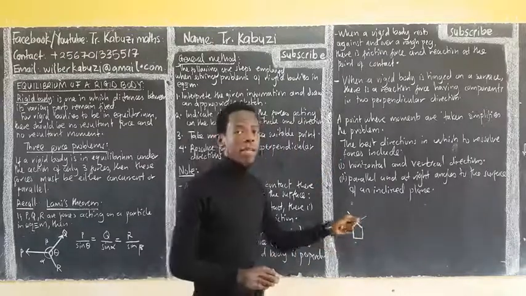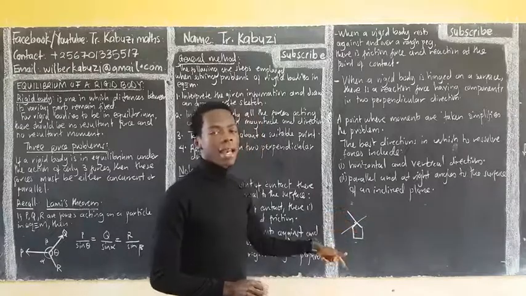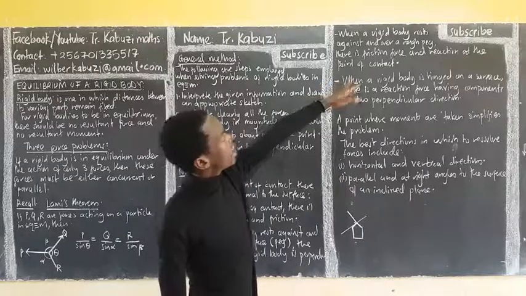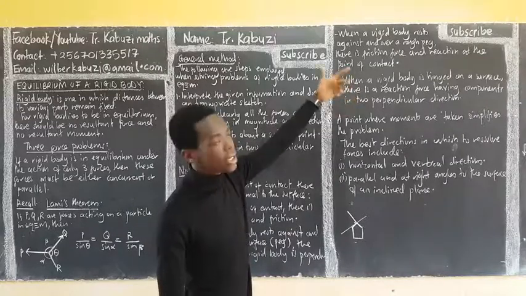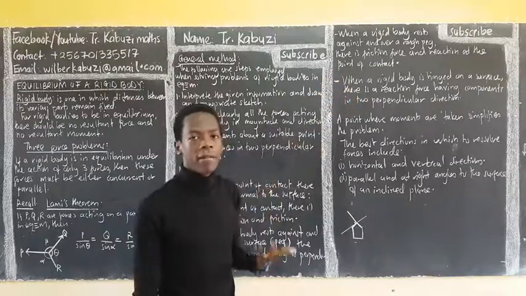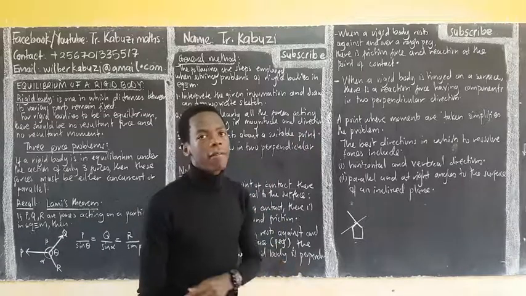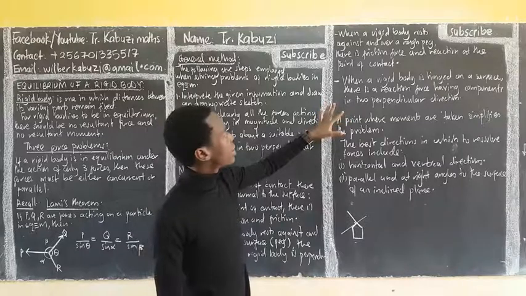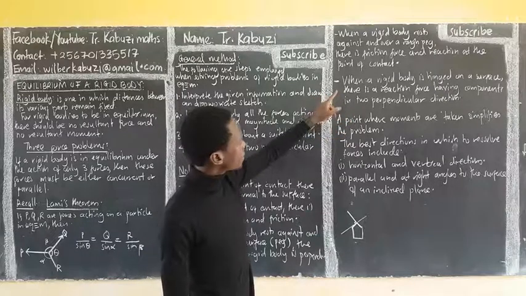That is at the point of contact between the body and the peg. If the rigid body rests against and over a peg that is rough, whenever you hear the word rough, what do you expect? Some friction. There is a friction and the reaction at the point of contact. We have explained that.